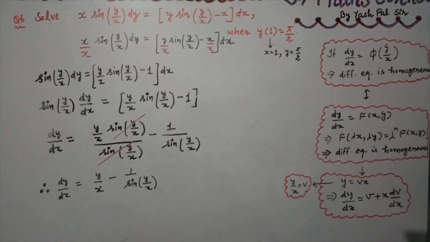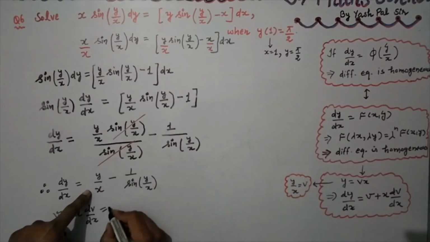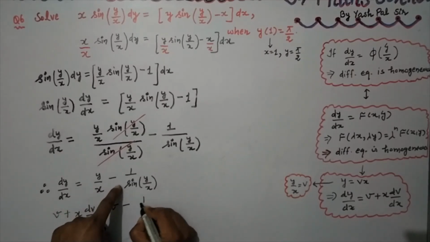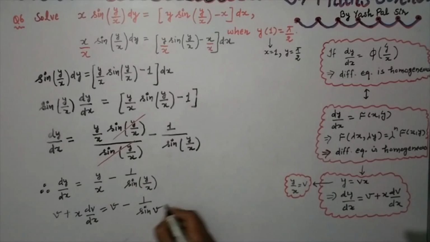If we put y is equal to vx, it means y upon x is equal to v. This is the substitution we are following. So our question becomes v plus x into dv upon dx is equal to v minus 1 upon sine of v, right?